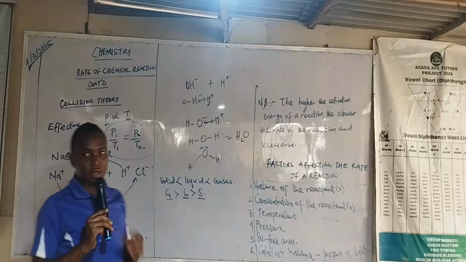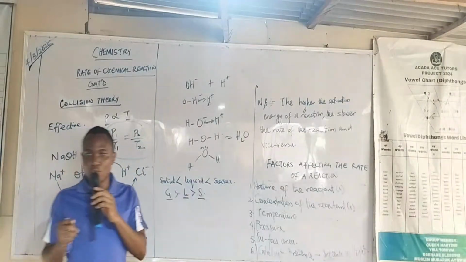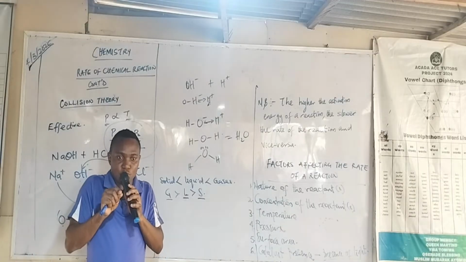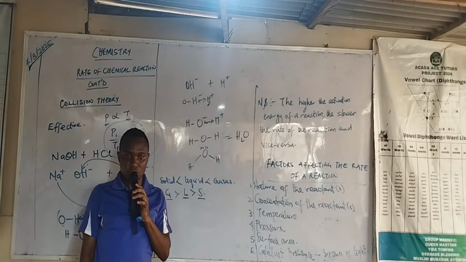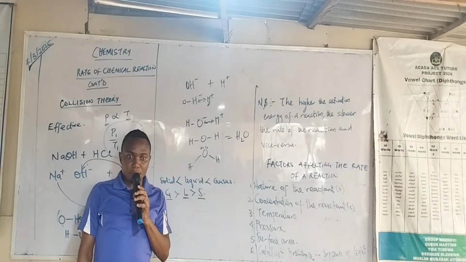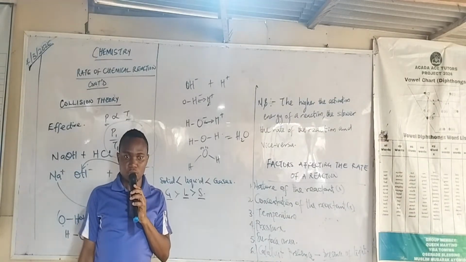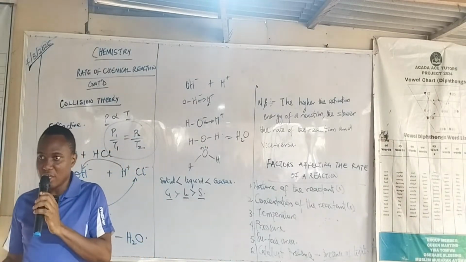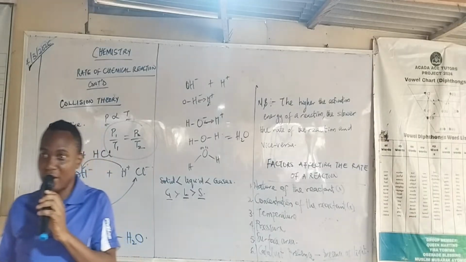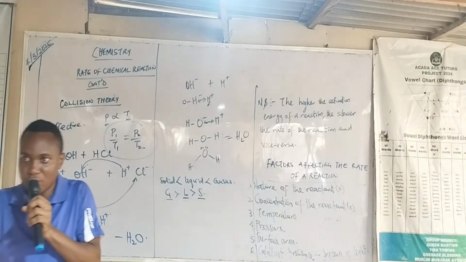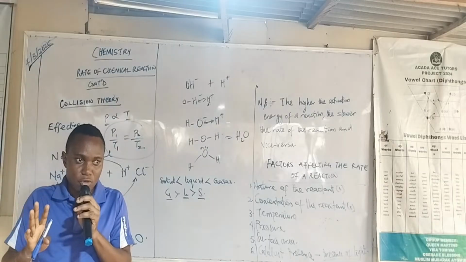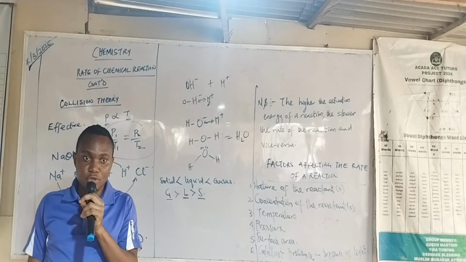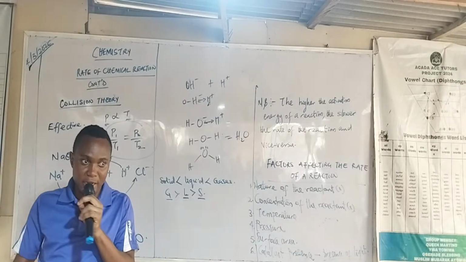Surface area. Surface area will actually give a view to number of particles that are exposed for collision. Number of what? Particles that are exposed to what? Collision. The higher the number of particles exposed to collision, the higher the rate of chemical reaction, because that means you have more particles colliding at once to actually knock on the activation energy door, and majority of them, if they are able to go over that, then they go.